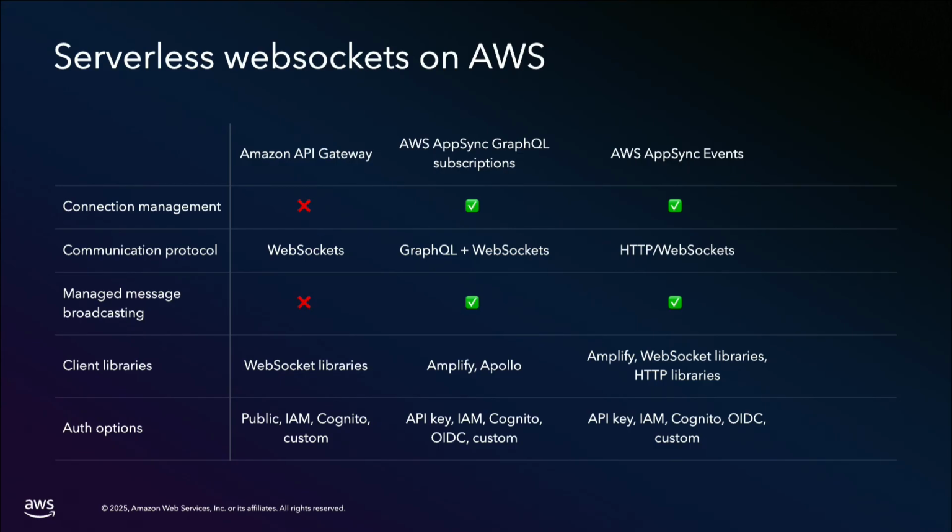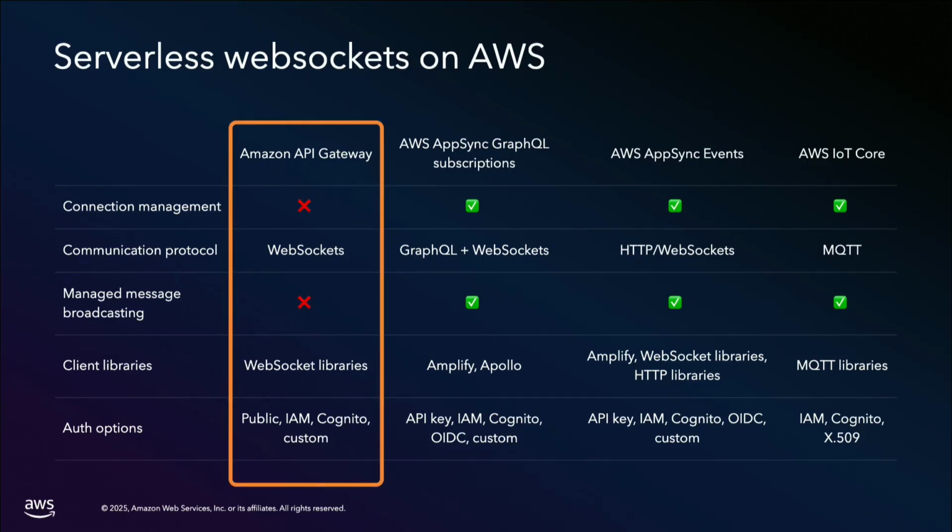And finally, we have the AWS IoT Core, which gives you managed connections and message broadcasting. The only difference is you get WebSockets over the MQTT protocol, and you do need to work with MQTT libraries, which, for those people who don't have the experience using it, is an additional step towards implementing these WebSockets.